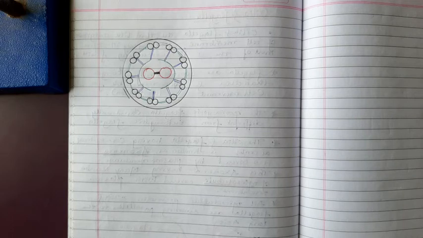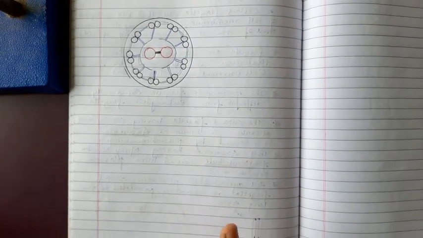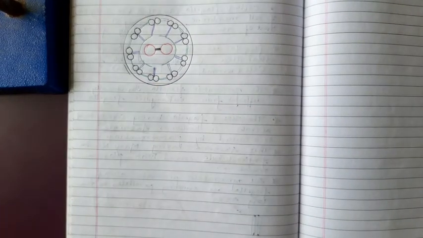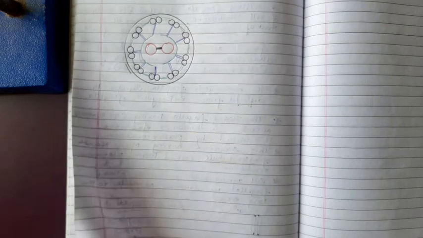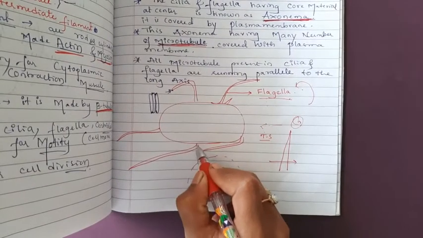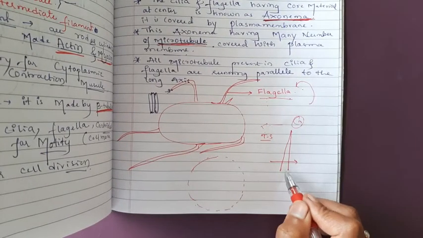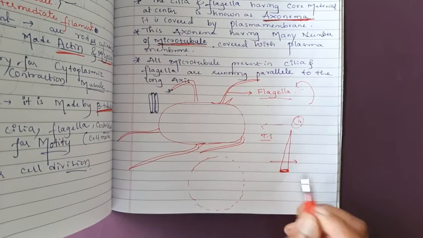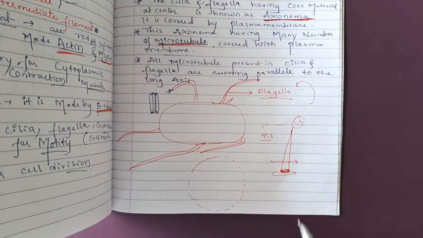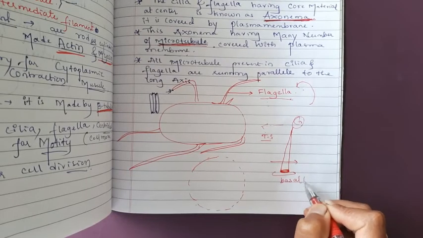Then the flagella and cilia have a centriole-like broad structure called the basal body. Yesterday I explained the flagella structure using the bacteria diagram. You can see that the base of the flagella is somewhat larger than the tip. This basal structure is known as the basal body.